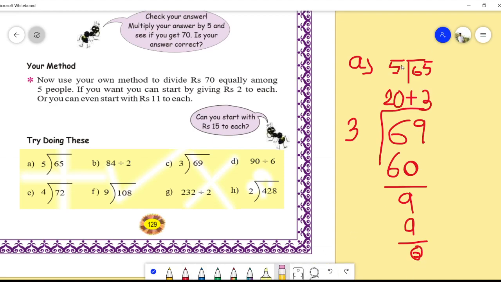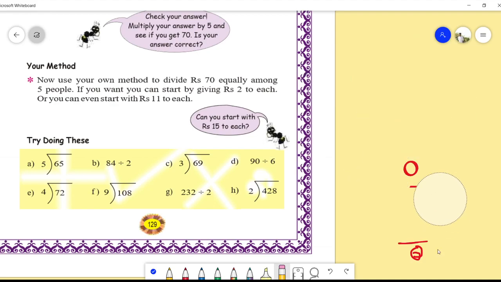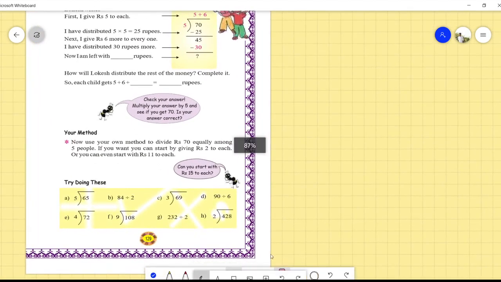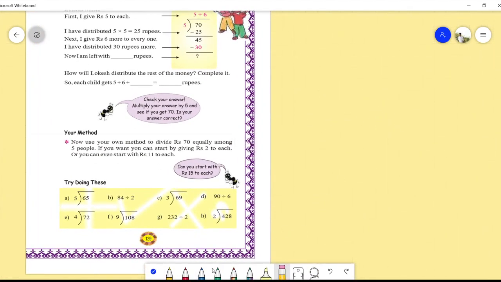The next we have is 90 divided by 6. So let's start from 10. 10 into 6 will be 60.